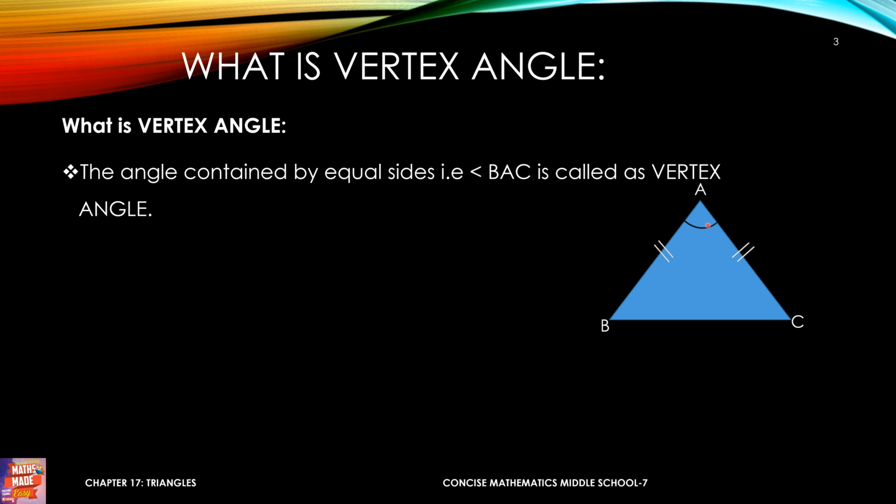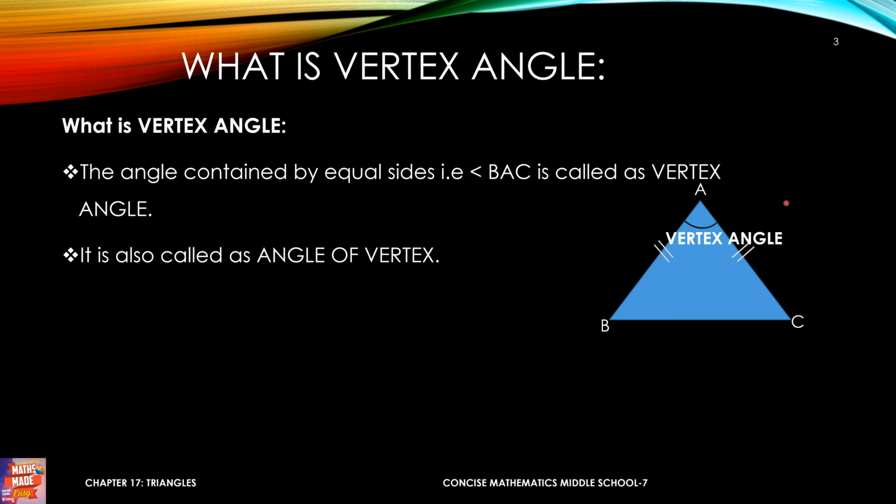So this angle is called the vertex angle. I hope it's clear. And it is also called the angle of vertex. So this angle between these two equal sides is called the vertex angle.